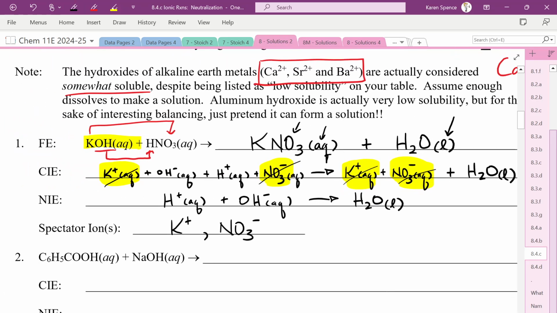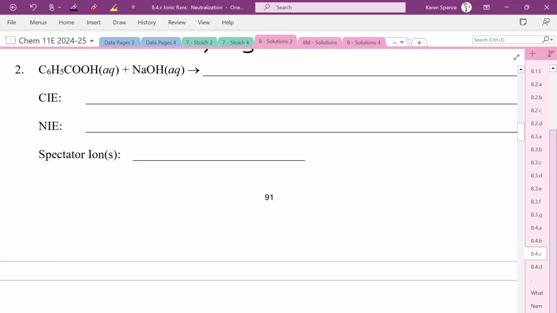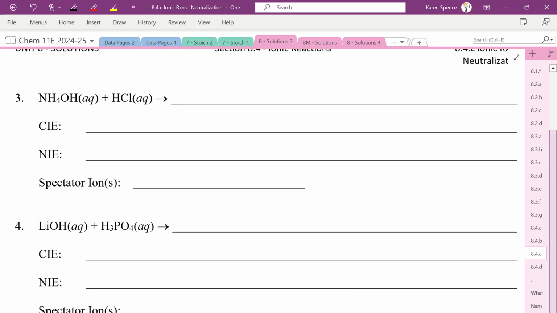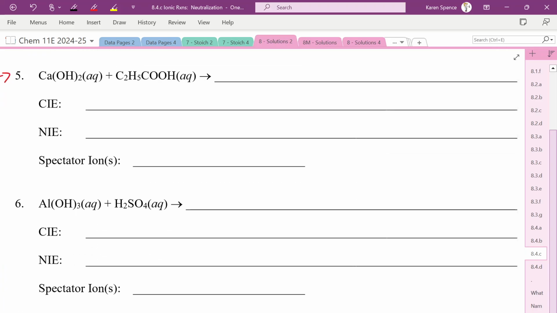Do we want to do another acid or do we feel okay? Another acid? Okay, let's see if there's a nasty one here. Oh, look, number 6 is nasty. Shall we do number 6 together? Okay. We have AlOH3 aqueous plus H2SO4.